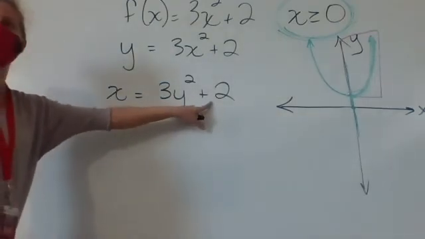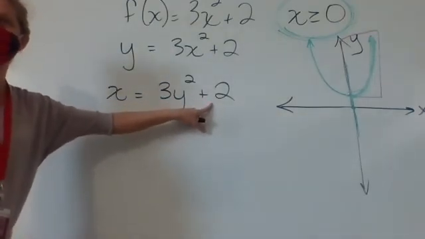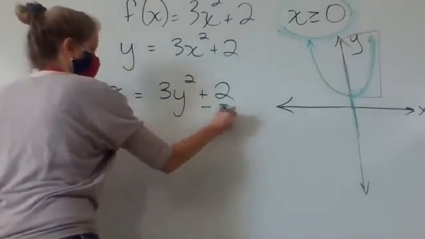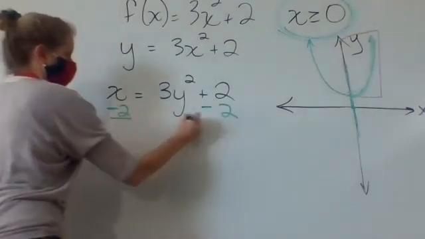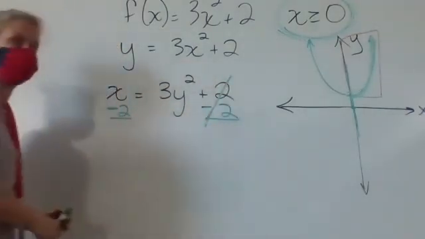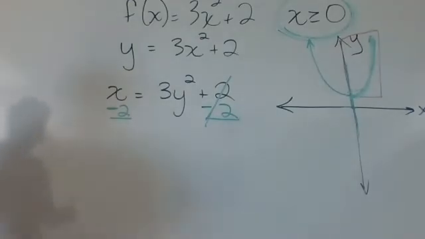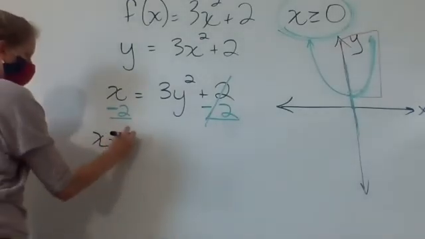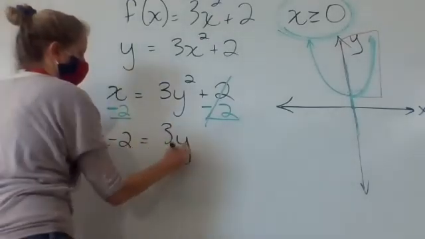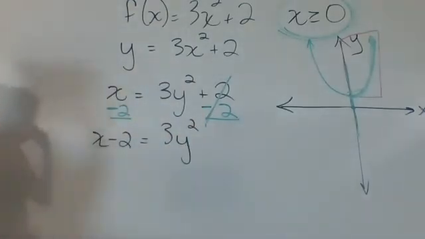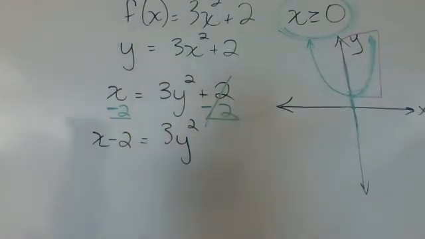So the first thing I want to do is get rid of that plus 2 out to the side. So I'll subtract 2. So now on the left, I'll have x minus 2 equals 3y squared. Now I can get rid of that 3. That 3 is hooked on.